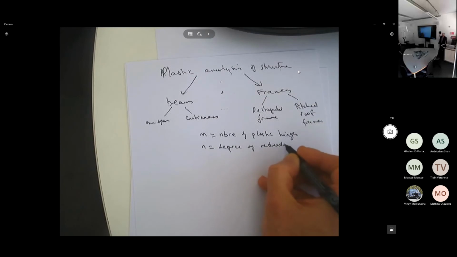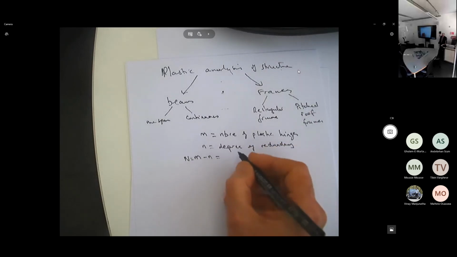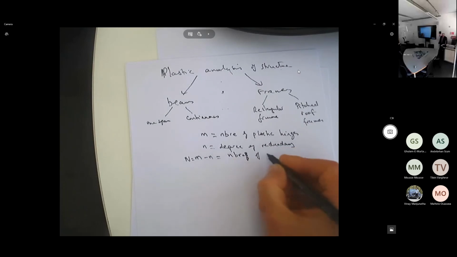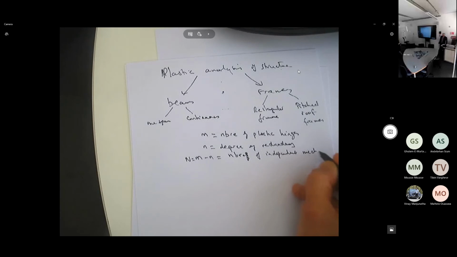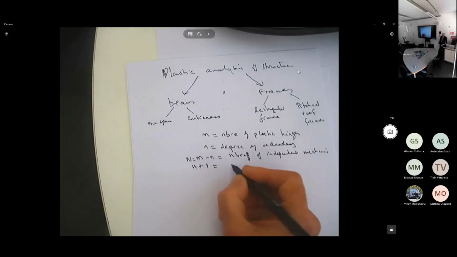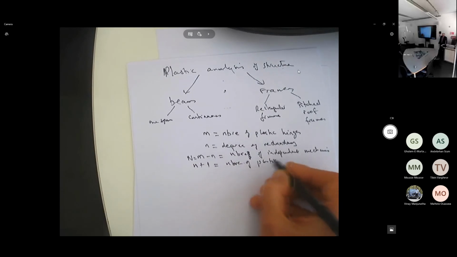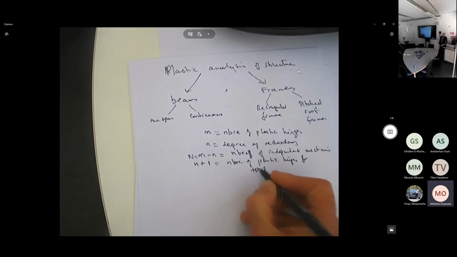Degree of redundancy. Yes. And then you have capital N, which is M minus N, gives you the number of independent mechanisms. And then you have n plus 1. What does it give you? Number of plastic hinges for total collapse.